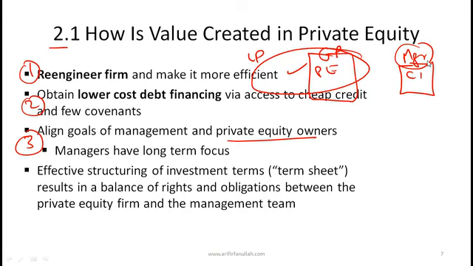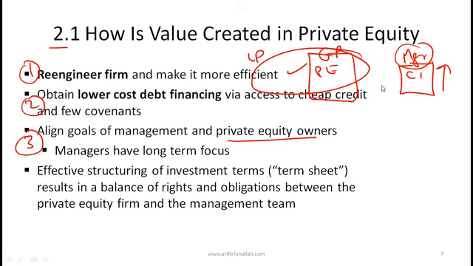Yeah, generally this would happen by giving management a decent equity stake. So managers, and this happens a lot, especially in VC funded companies, where management owns a significant chunk of the company. So there is all the incentive in the world for them to work extremely hard and increase the value of this company.